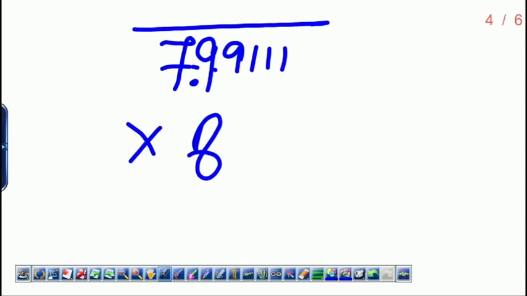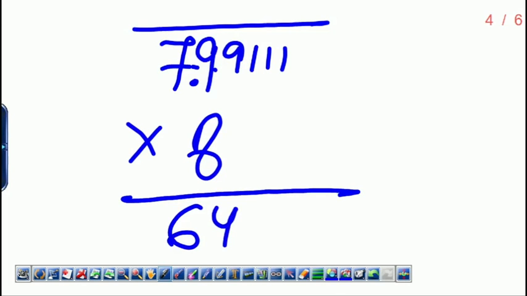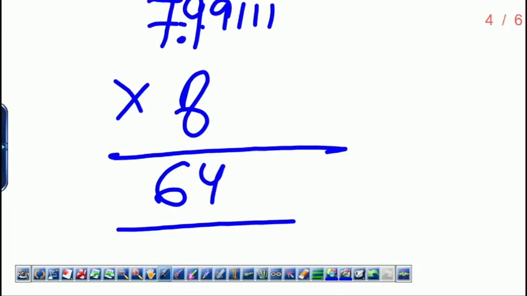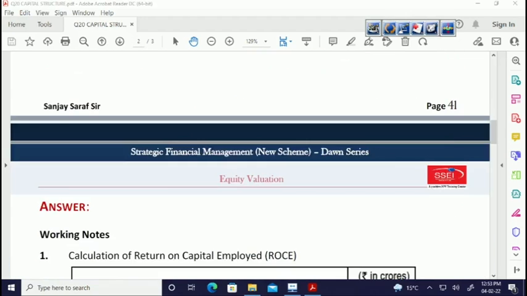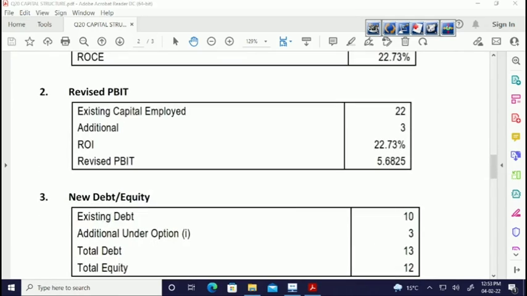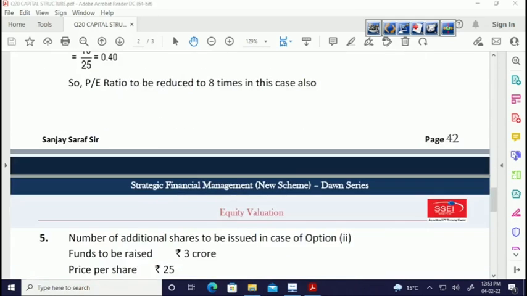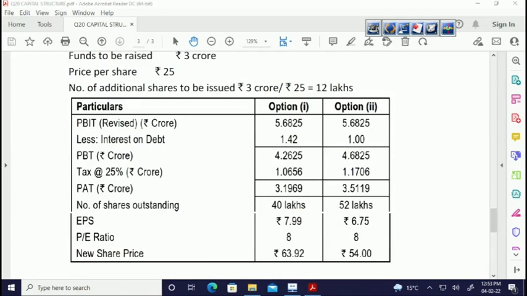So the share price would be around 64 under alternative 1. Let me check the answer, because either I can do some arithmetic mistake or the person sitting by my side may do some calculation mistake. 64, yeah, 63.92. Okay, that's the share price in option 1.